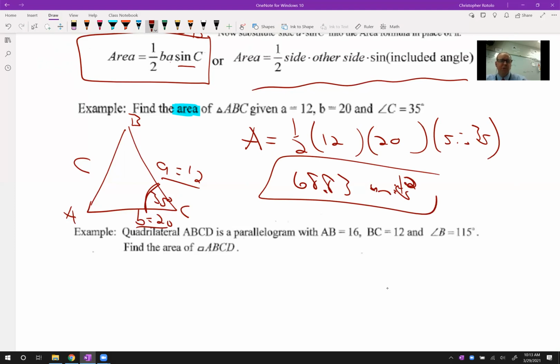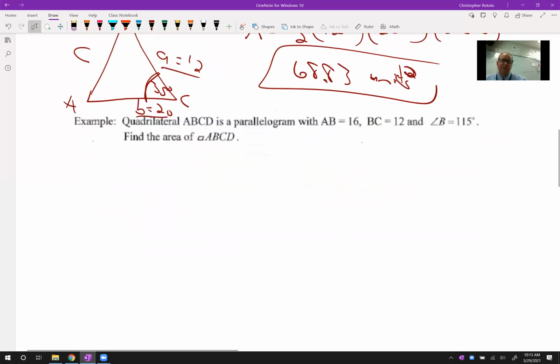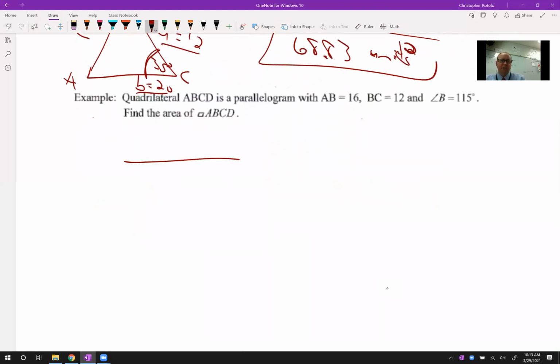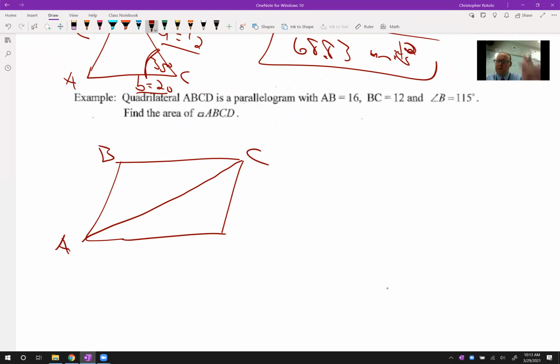Okay, so this quickly snowballs to start talking about some different shapes. We have a quadrilateral, and we have a diagonal, of course, because I want to find some triangles somewhere, somehow. Let's call it A, B, C, and let's deal with AB is 16, BC is 12, and angle B right here in the middle is 115 degrees.